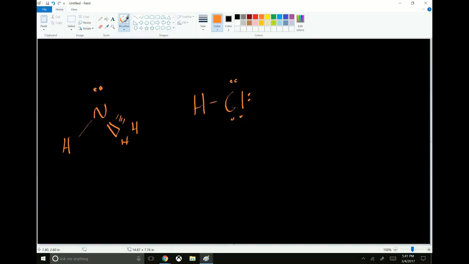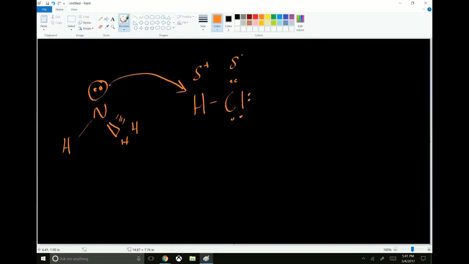According to the Lewis definition of acids and bases, this is what's happening. This pair of electrons is attacking the proton. Because chlorine is very electronegative, much more electronegative than hydrogen, you have partial positive and partial negative charges on your hydrogen and chlorine.